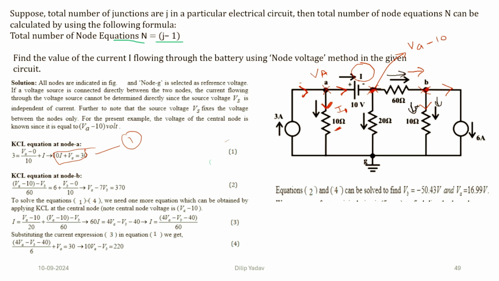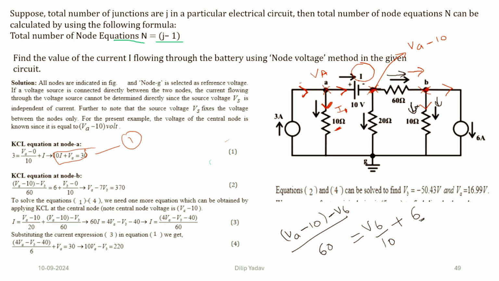So it will be VA minus 10, this is the voltage VA minus 10, minus VB divided by the resistance that is connected to it, say 60, equal to the splitting current, that is VB upon 10, because the entering current is split into two, so VB by 10 plus another current, that is 6 ampere.